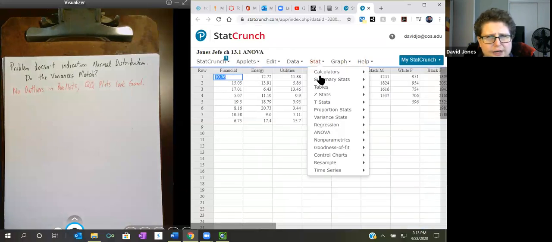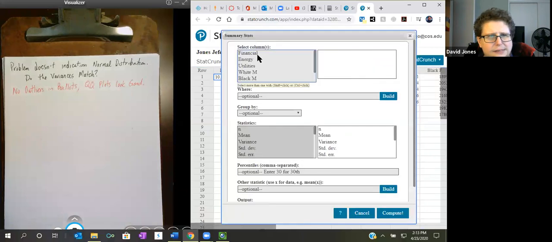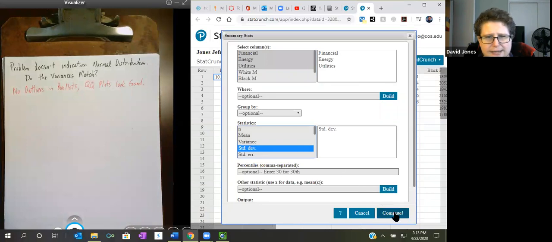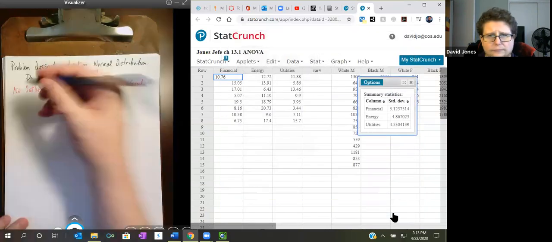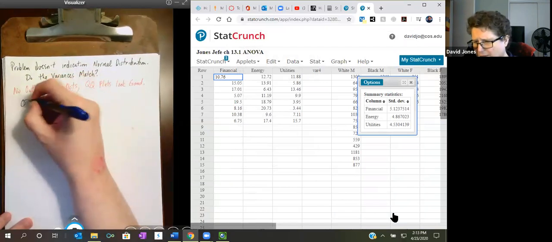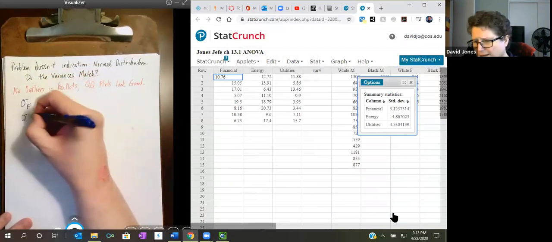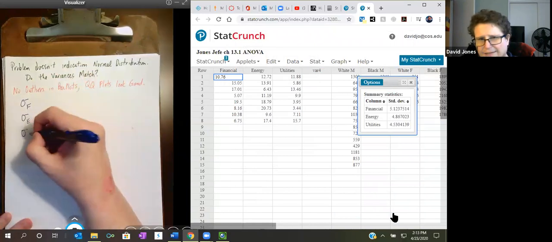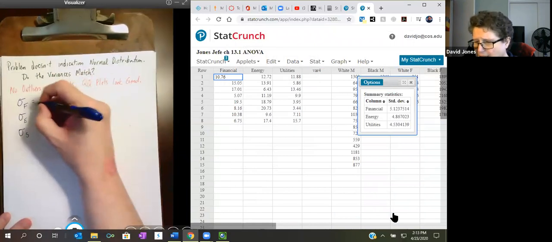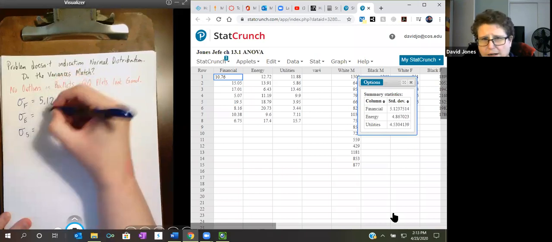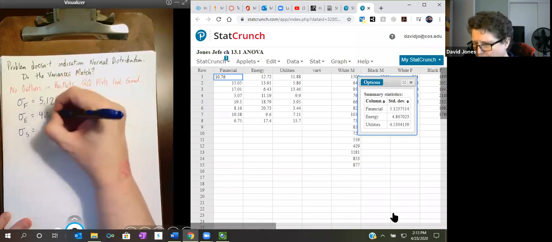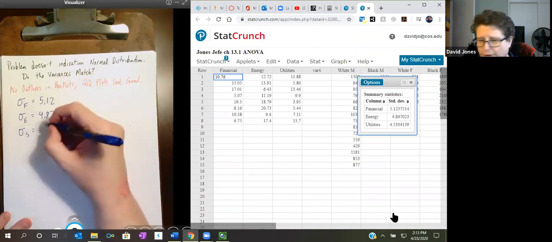And finally, we're going to check our summary stats. Summary stats columns. We're going to look at financial, energy, and utilities, and we're going to do the standard deviation. Sigma of F, sigma of E, sigma of S. This is 5.12, 4.87, and 4.53.